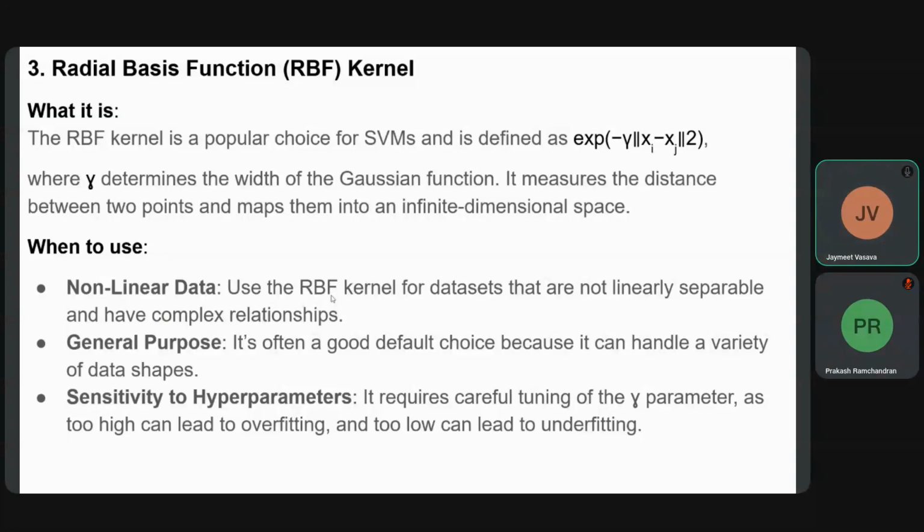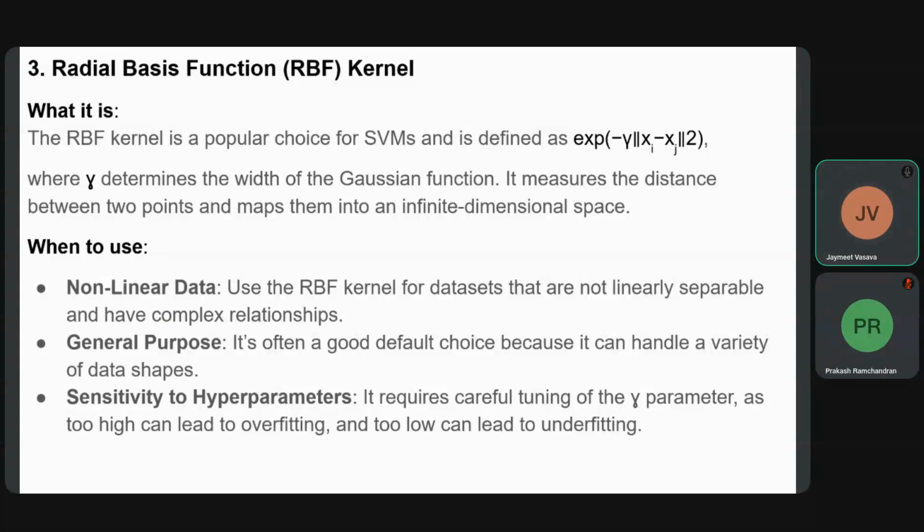Our third type of kernel is the radial basis function kernel, which is also a go-to kernel when we are working with SVMs. If you want to just try out an SVM on a data set, a popular choice is RBF.